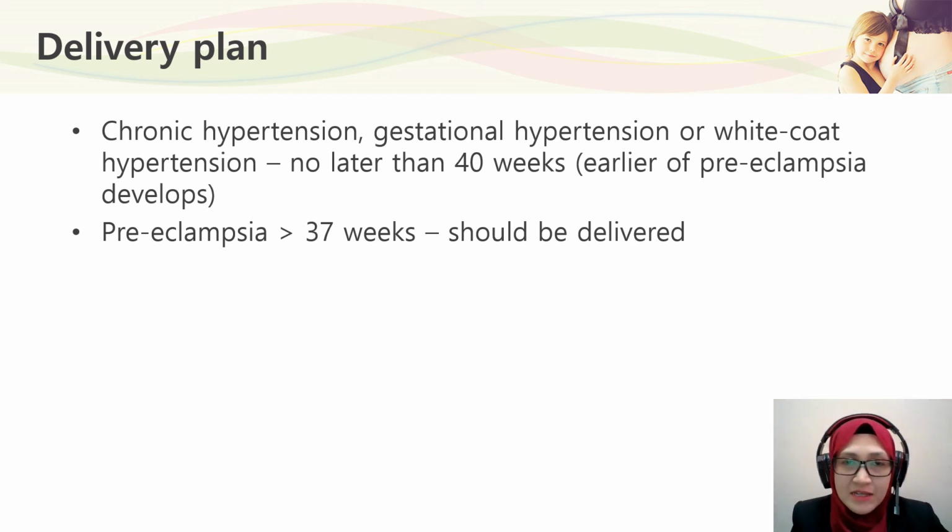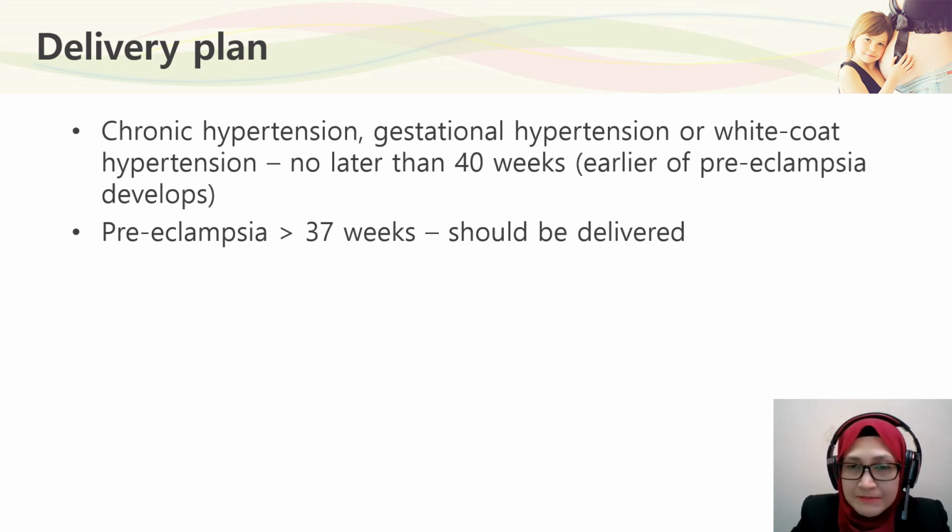Do they have any deadline by which they cannot wait any longer for the delivery to happen? For the chronic hypertension patient, gestational hypertension or white coat hypertension, meaning that they do not have severe symptoms, convulsion or any organ dysfunction, it is no later than 40 weeks, which means they can wait until 40 weeks to deliver.